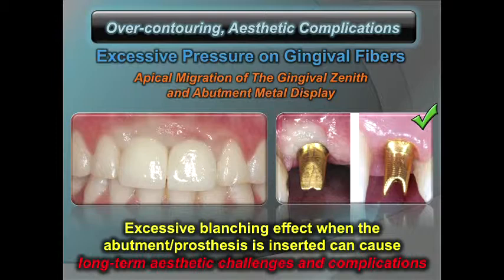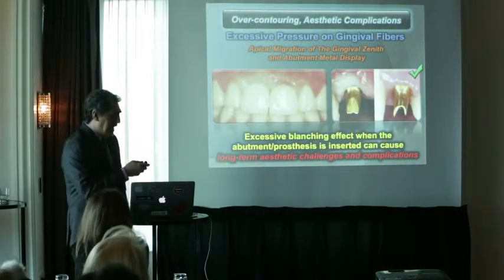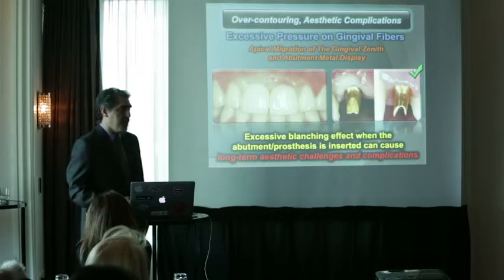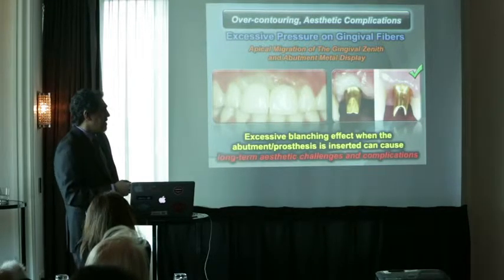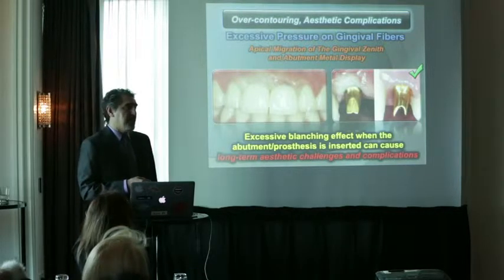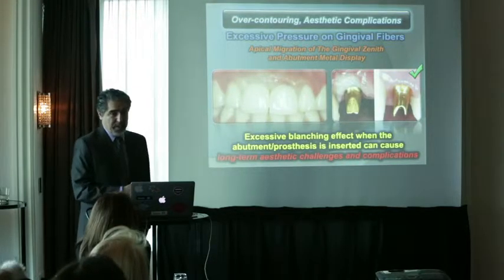What we have to remember is that when we are placing our abutment in, if we are getting a lot of whitish view here, the blanching doesn't necessarily mean that it's a good, predictable way of restoring it.